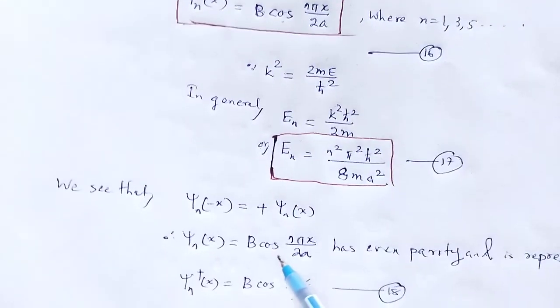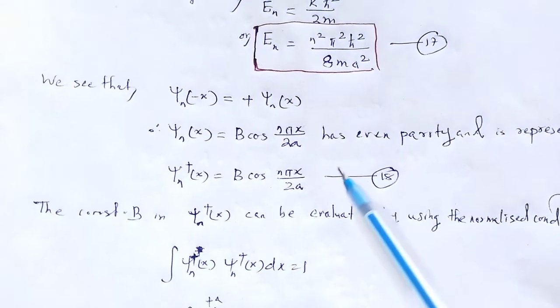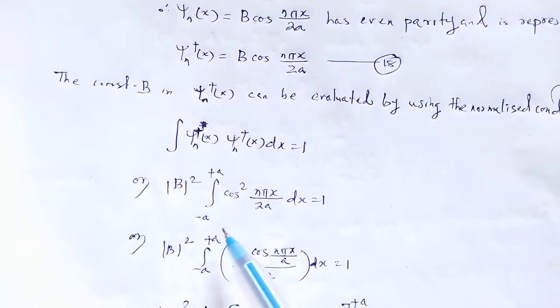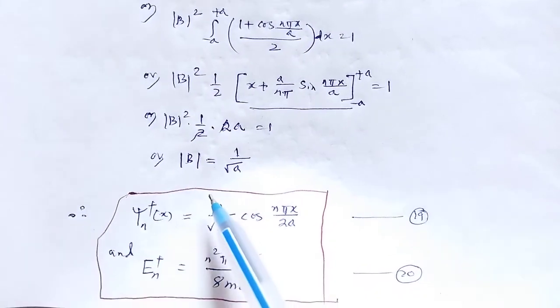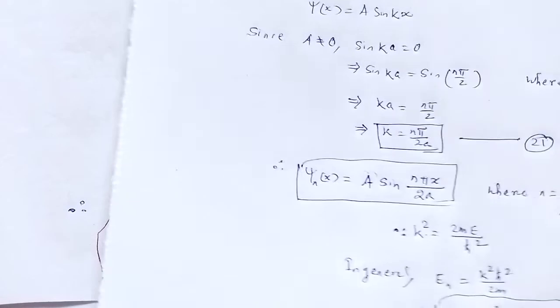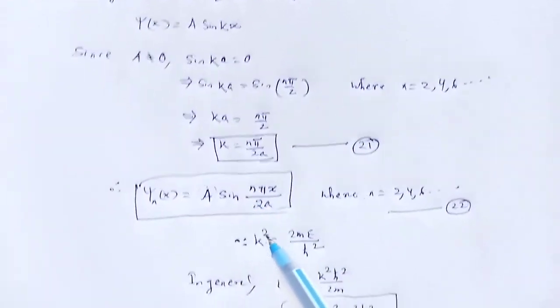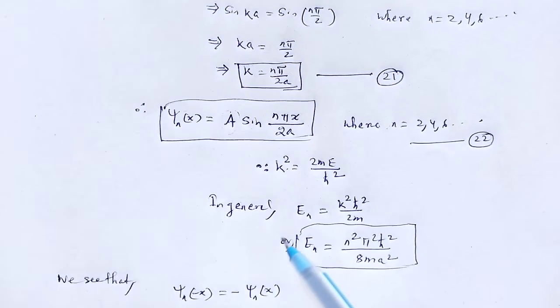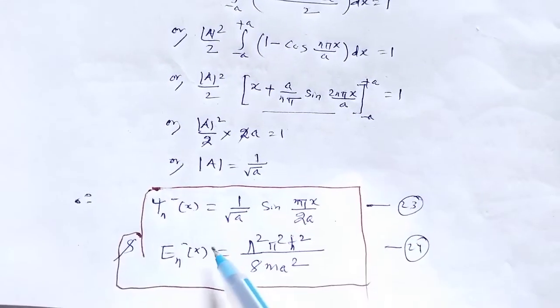Normalization conditions are used to get the constant b, and finally we get the wave function and energy states. Again, the wave function and energy states for the second class solution are achieved. Here the constant a is evaluated using the normalization condition, and finally we get wave function and energy states.